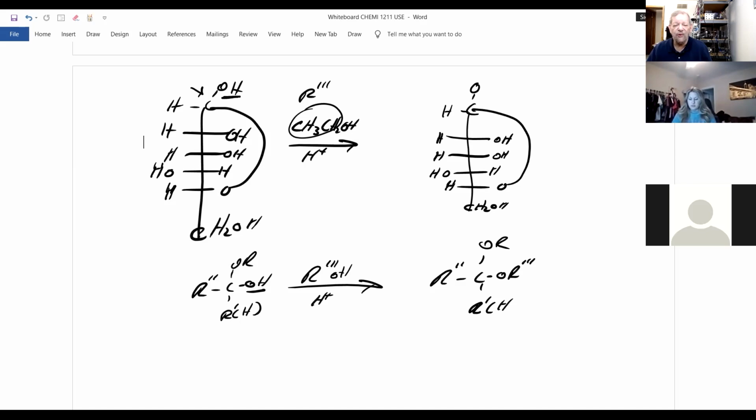And this OH becomes OR triple prime. What's my R triple prime? Ethyl. And that's how you do it.